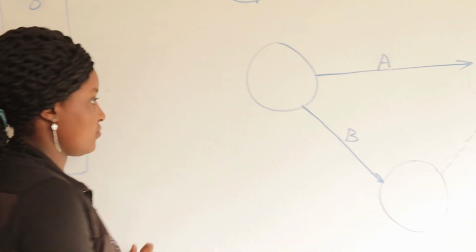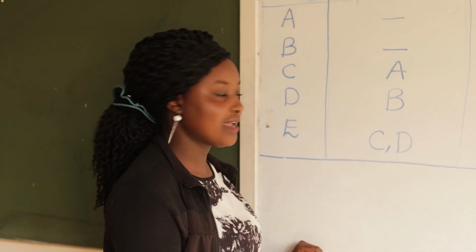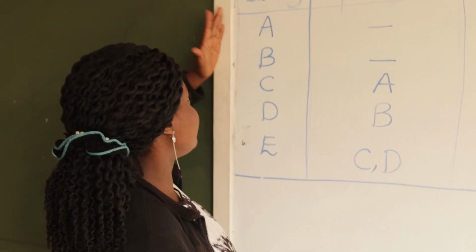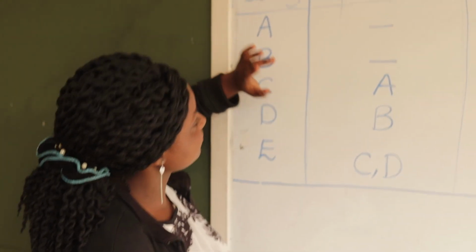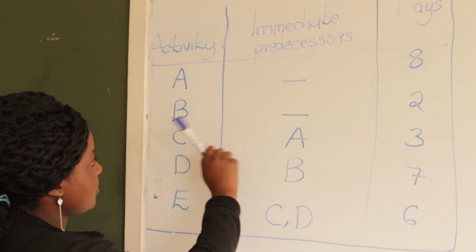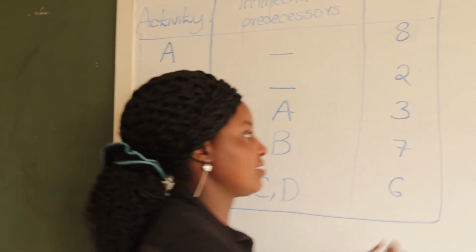So I'd like us to do our first illustration. In this illustration, we have activity, immediate predecessors, and the number of days. As you can see, we have A and B with no predecessors.